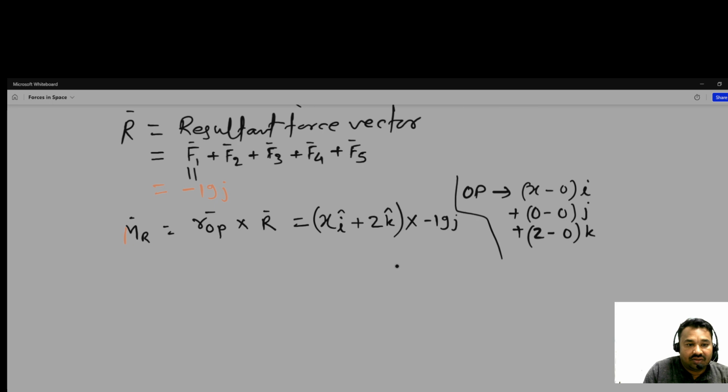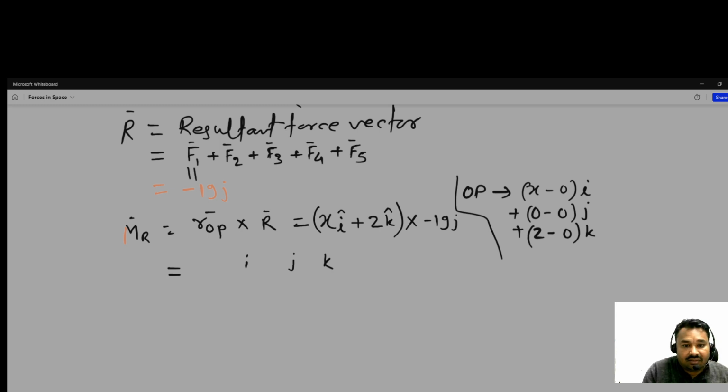Okay, so this can be shown in the matrix form. So I, j, k, and what is this? We are going to multiply, okay, this x and z.